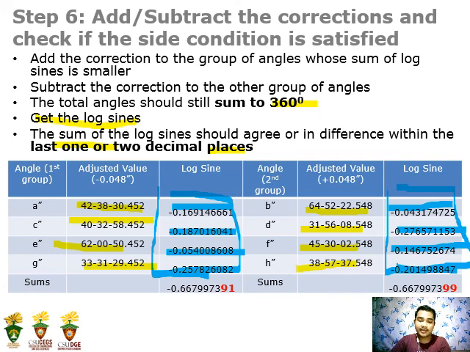The rule, class, is that they should differ only in the last one or two decimal places. As you can see, the first and second log signs differ only in the last decimal places, where the first is 91 and the second is 99. Alright, so it means that our side condition is satisfied.